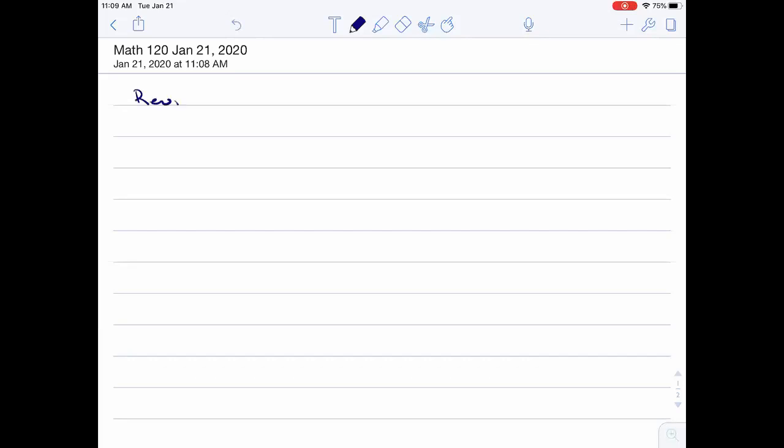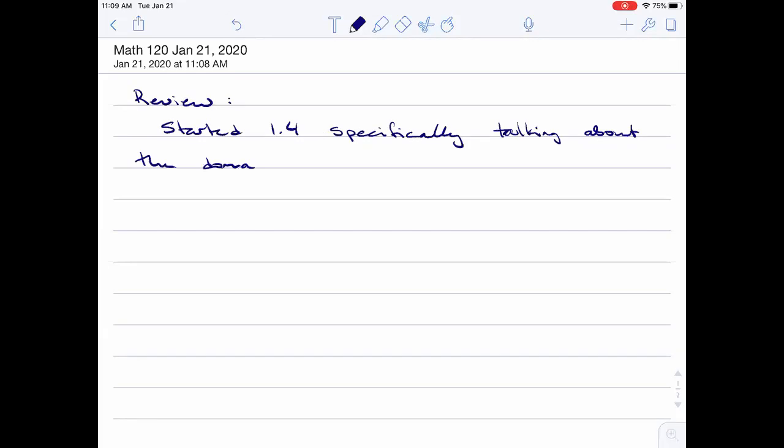Just as a little bit of review, we started 1.4, specifically talking about the domain of a function.